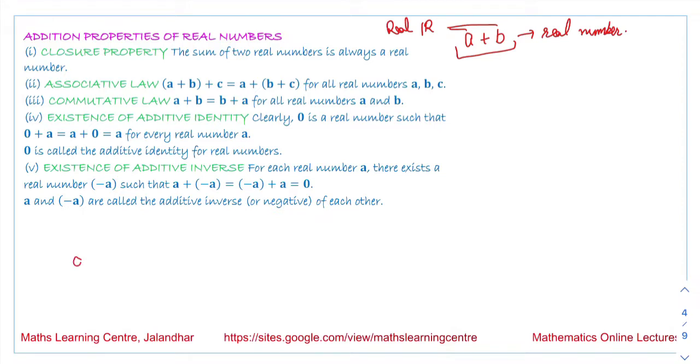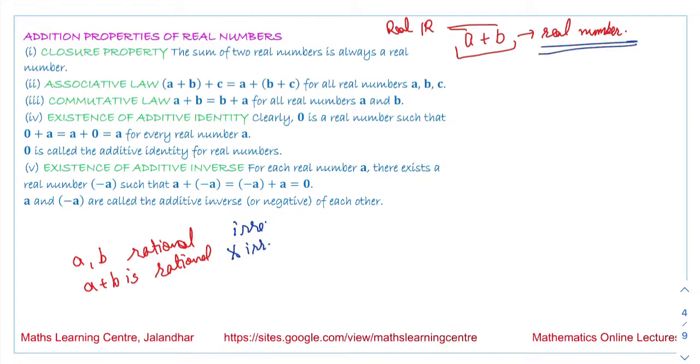Earlier we have seen that if a and b are rational, then a plus b is rational. But if a and b are irrational, then a plus b need not be irrational. For real numbers, a plus b is always a real number.